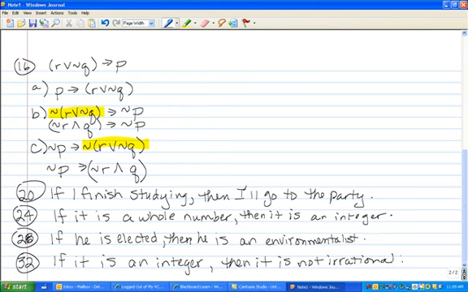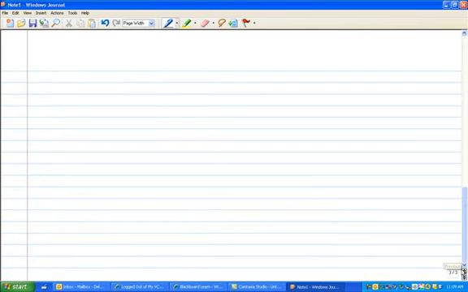Okay, and these ones that look like definitions, like 36, let's do that one. A parallelogram is a four-sided figure with opposite sides parallel.